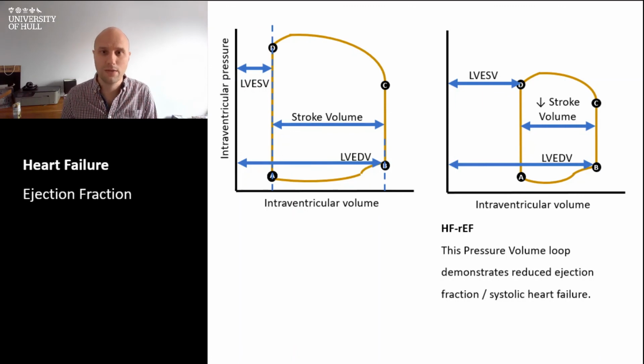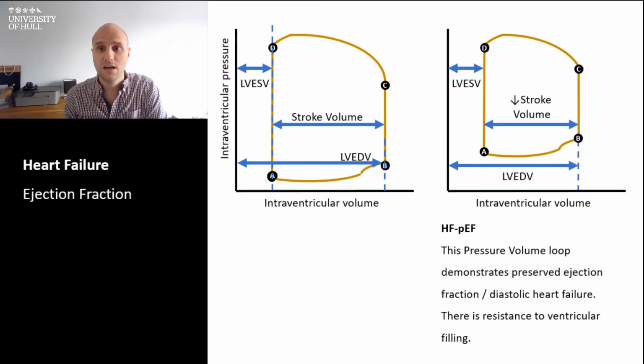Thinking very quickly about that pressure volume curve we were just talking about, with a reduced ejection fraction, we're unable to generate the force of contraction, and so consequently there's less blood ejected and we have more blood remaining within the ventricle at the end of systole.